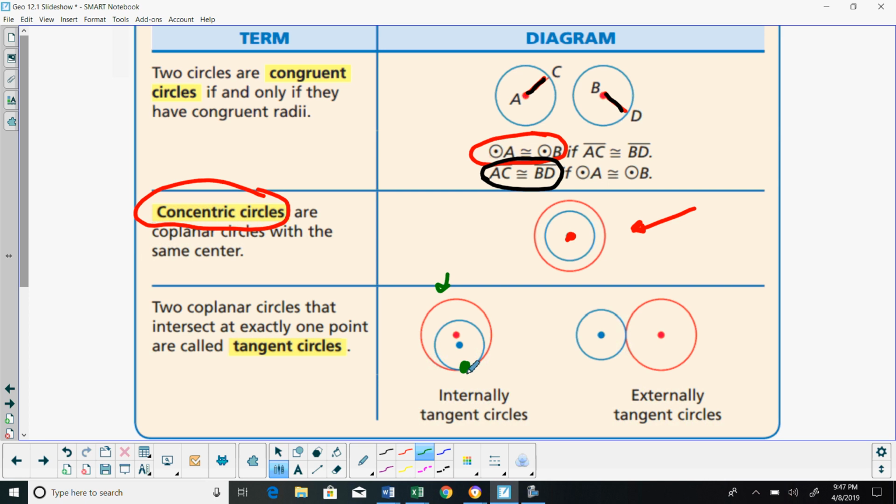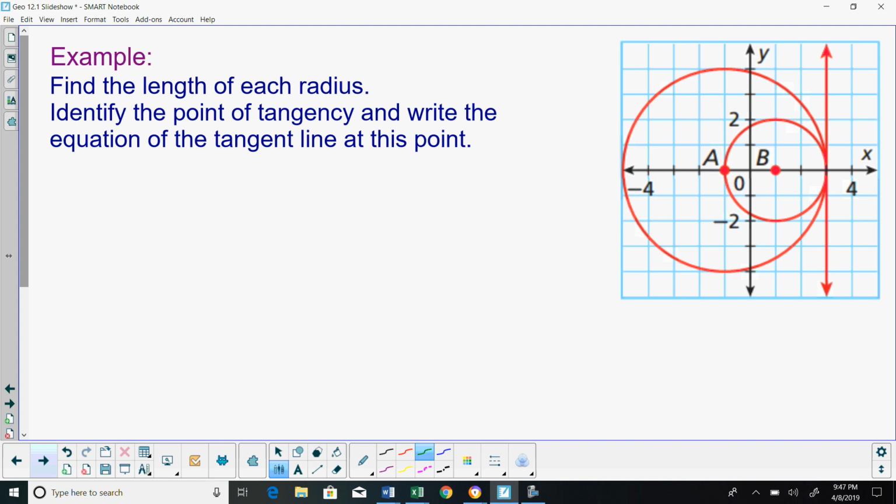And so those would actually be internally tangent circles because their centers are both within the outer circle. And then the externally tangent circles, these circles also have one point in common, but that would be considered an external tangent.